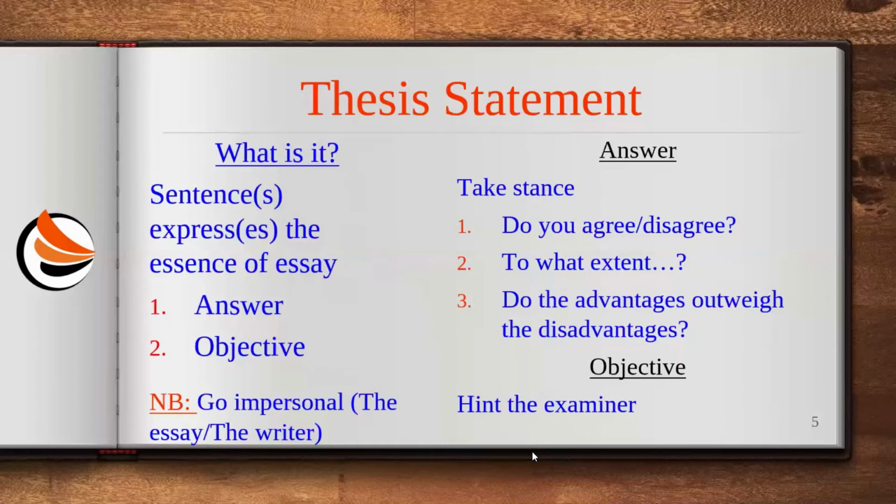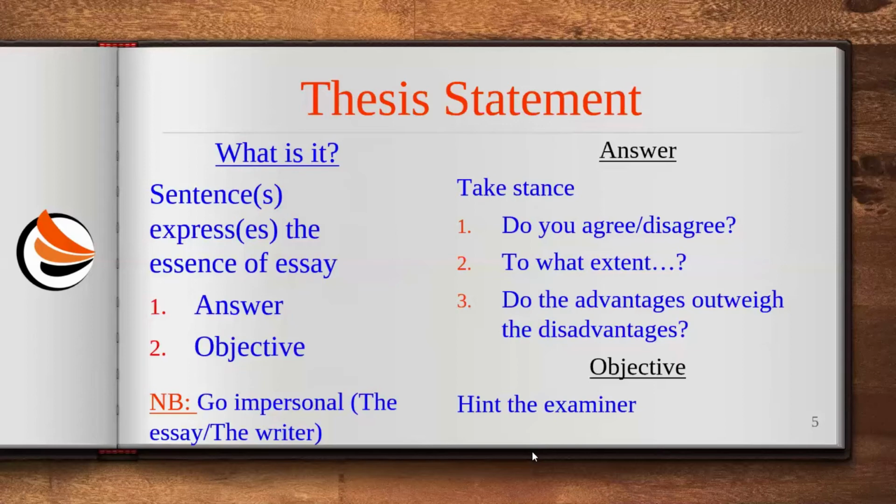This largely depends on the instruction or the question part of the Task 2 question that you are looking at. For example, the question is asking you, what are the advantages and the disadvantages of education? You hint to the examiner that that's exactly what you'll be addressing in the essay.